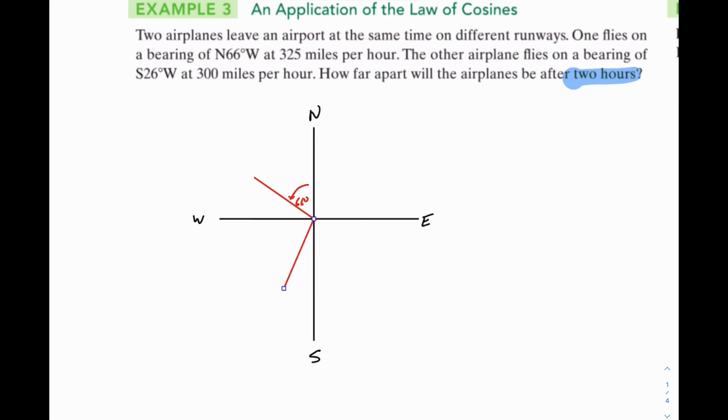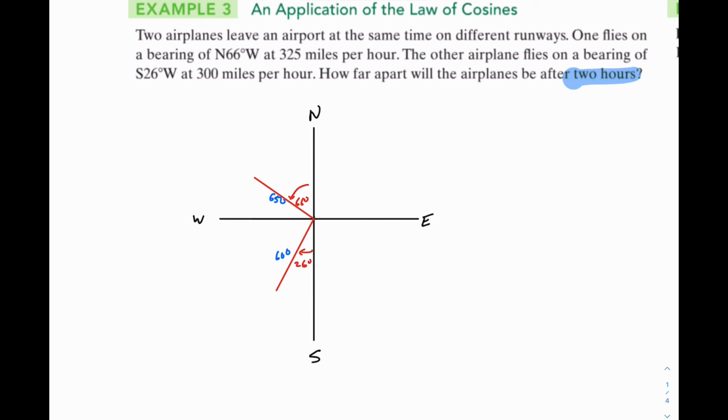South and then turn 26 degrees, like so. What we know is that it's traveling at 325 miles per hour. That's this one. So in 2 hours, that should be 650 miles. So I'll label that 650. And the bottom one, that should be 600 since it's 300 miles per hour.